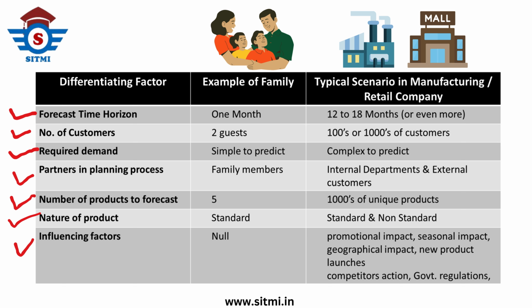There are almost no influencing factors. We know that 2 guests will visit our home for the entire month. But in an industrial scenario, we have to consider multiple factors which influence demand, like promotional impact, seasonal impact, and competitors' actions, which are fairly difficult to understand from the market.